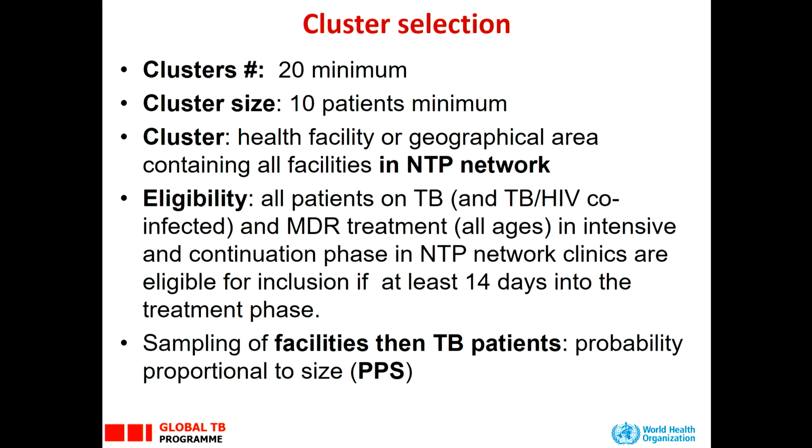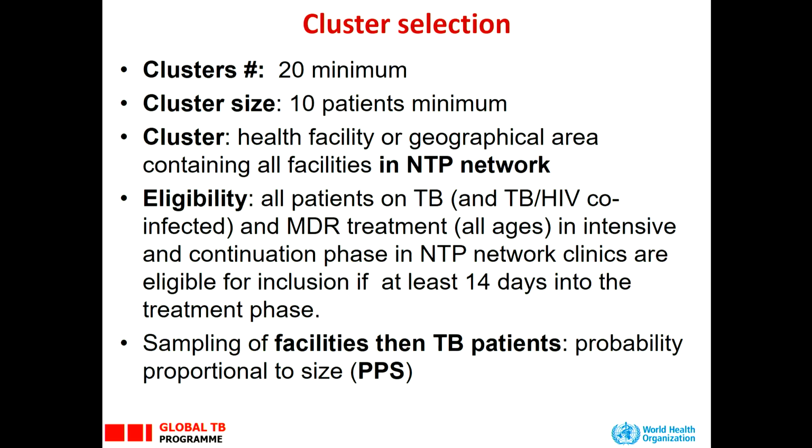For the cluster selection, we recommend a minimum of 20 clusters and 10 patients per cluster. This is, for example, the case in the Philippines, I think, and in Bolivia, where they are doing a subnational survey, they are also having very small size clusters.